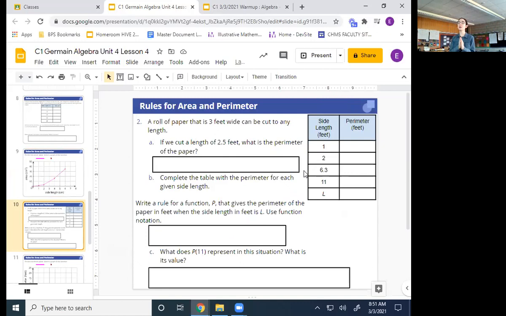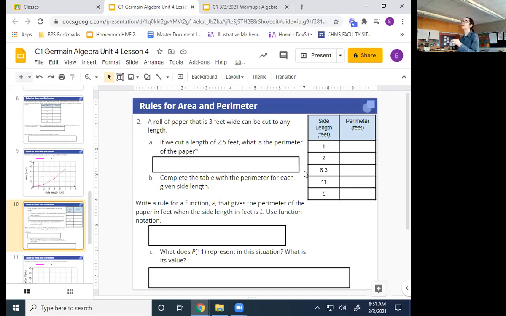So if we move on to number 10, a roll of paper that is 3 feet wide, so it's always going to be 3 feet wide, can be cut to any length. So we have a big old roll of paper. It has a width of 3 feet, and then it can have a length of however long you can roll it out.